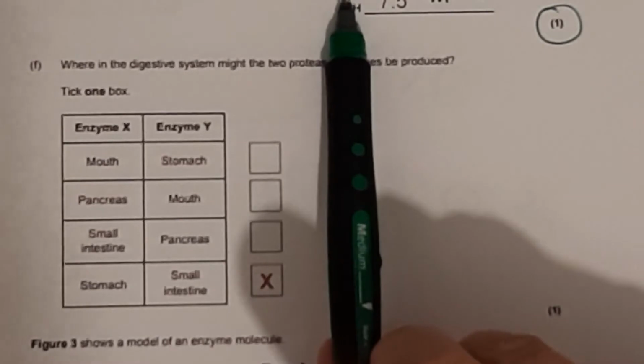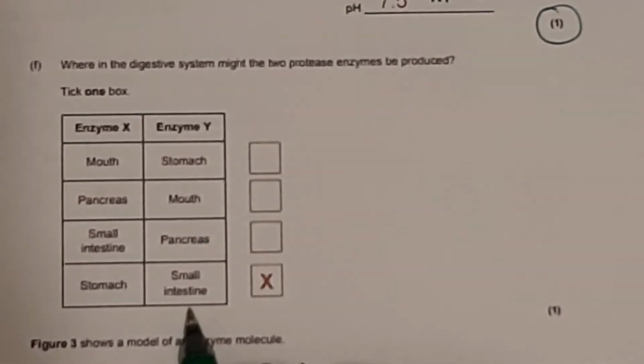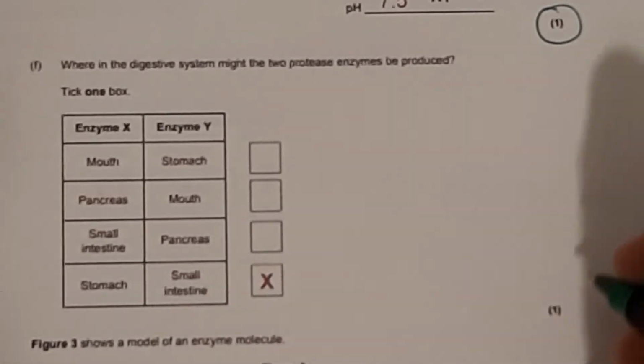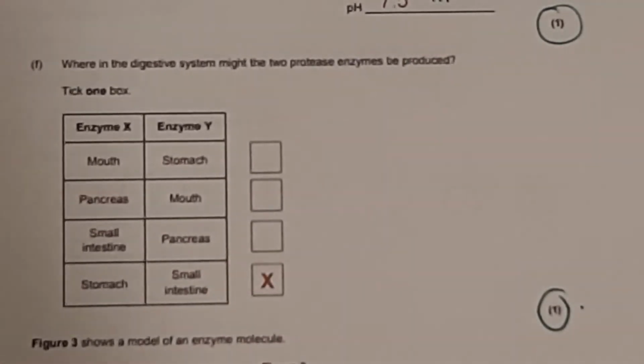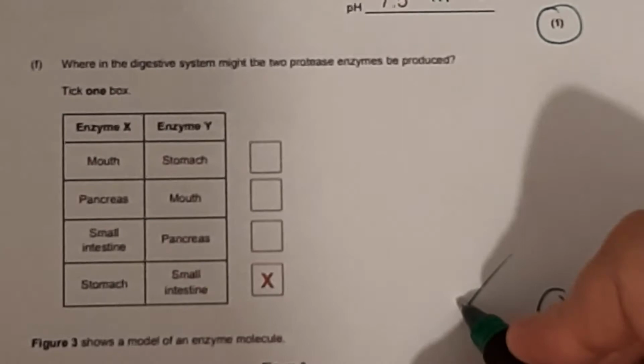Okay, and enzyme Y, which is closer to neutral, is much more likely to be produced in the small intestine, because these are the conditions of these parts of the body. So the stomach is around about pH 2 or 3, and the small intestine is around about pH 7 or 8. So that's why we've chosen this bottom one here. So give yourself a mark for that one if you got it right.